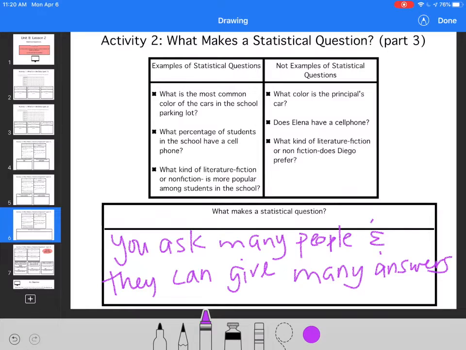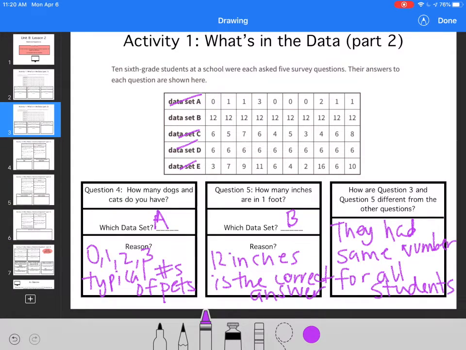So when you go back up and look at your data questions, data set B and data set D, you had the same number, so you couldn't really come up with different answers. So those really aren't statistical questions. Those are just yes or no, right or wrong. Whereas data sets A, C, and E, you could get different answers based on the question they asked.